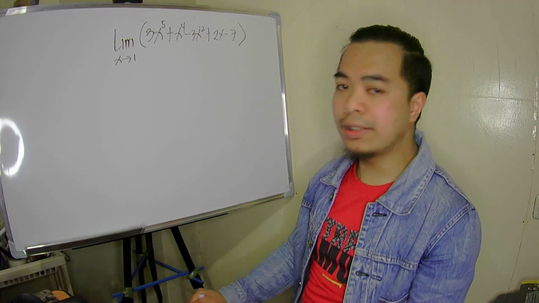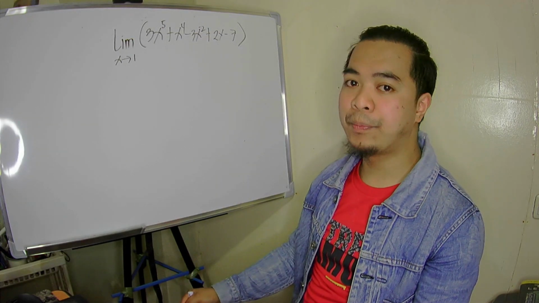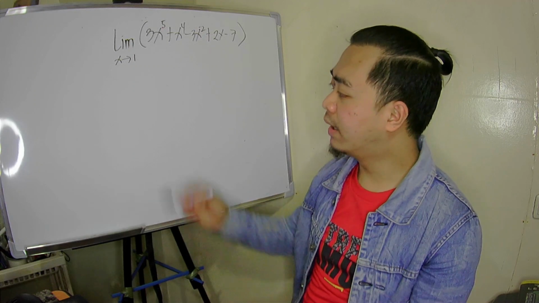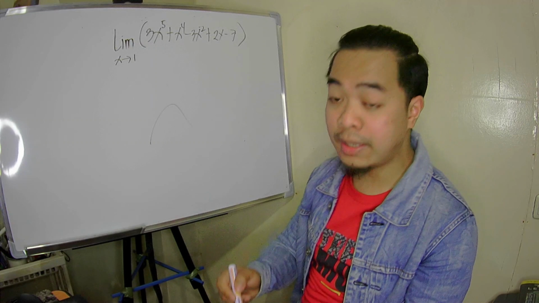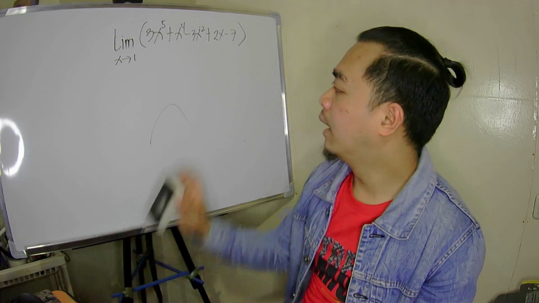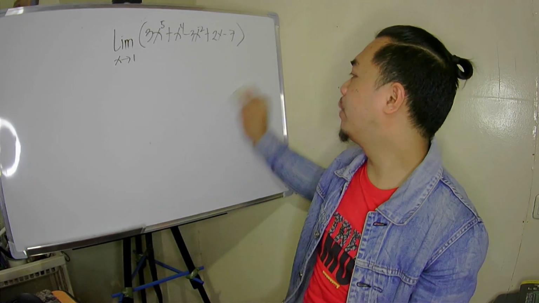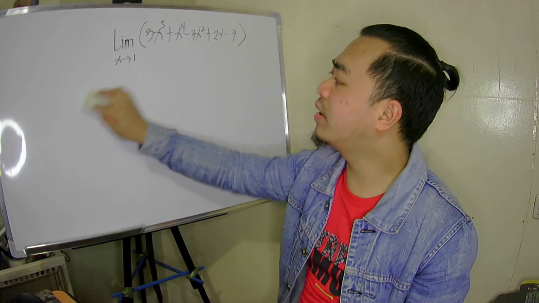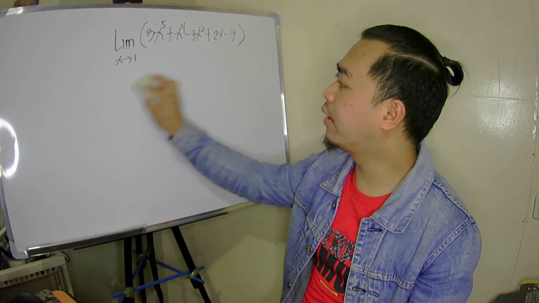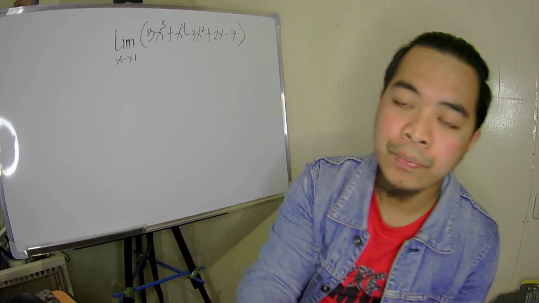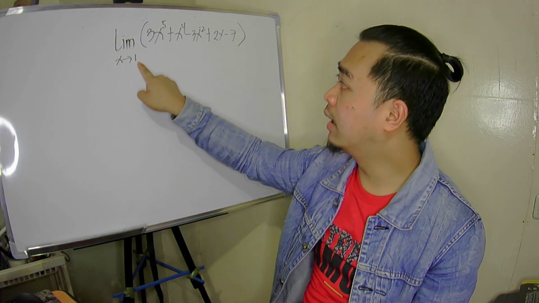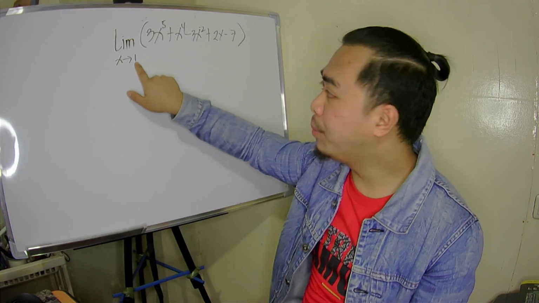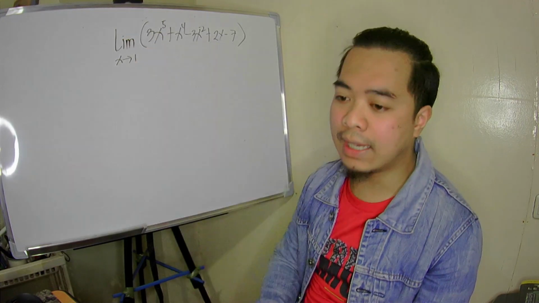But according to that strategy, the graph of a polynomial function is always a continuous line. There is no break there. There is nothing funny or crazy about a polynomial function. Because of that, the limit is actually the value of the function itself.